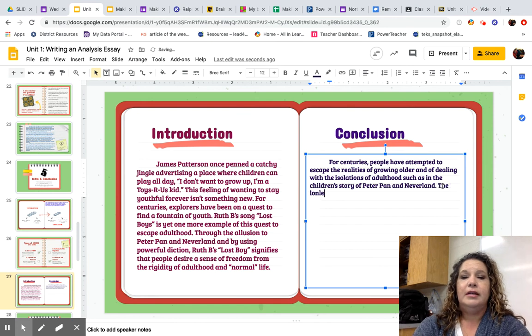The lonely, whoops. Y'all ever have a word that you just keep misspelling? I keep leaving out that E in loneliness. The loneliness that some find that can come with being a grown-up. With the responsibilities.